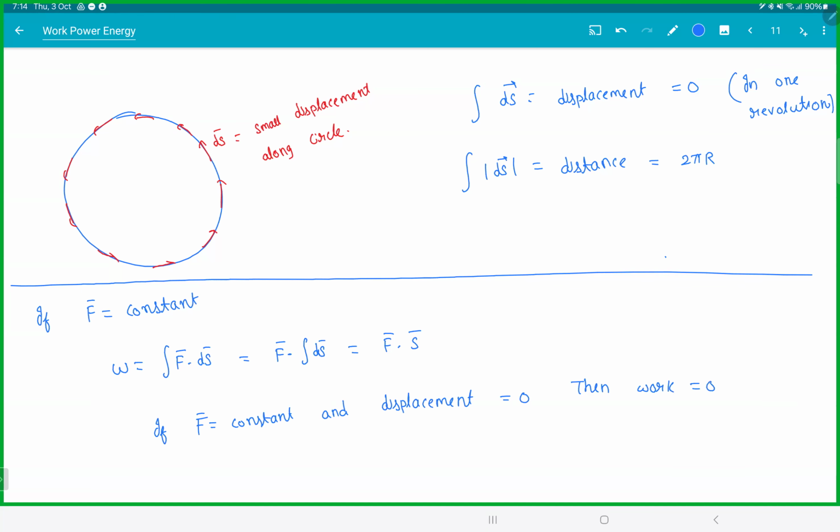But if F bar is not constant and displacement is zero, work may or may not be zero. Is that making sense? So remember, this is not valid if F is variable, because if F is variable, it won't come out of the integral. If F is variable and displacement is zero, work need not be zero.